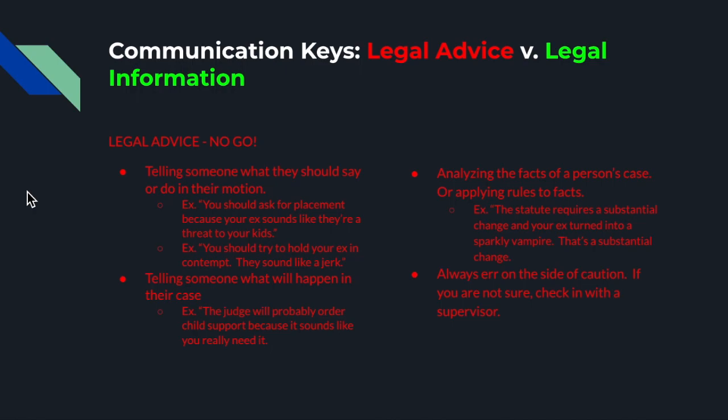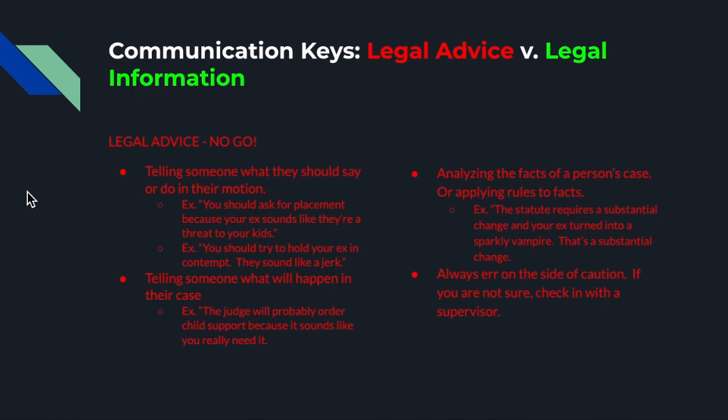If the next person comes in and I say, it sounds like you should have placement of your kids because it sounds like your ex is a jerk, they might be like, what are you talking about? My ex is great, and the kids actually live primarily with my ex. I'm here about child support, right? It's not true from person to person. So think about our examples from legal information. File this motion in 104. That was true no matter who I was talking to.